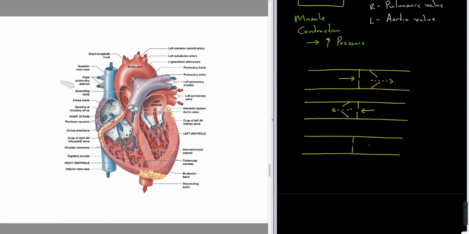But if you were to apply a force in both directions, the valve stays closed. So in this case, opens. This case, opens. Right? This case, closed.